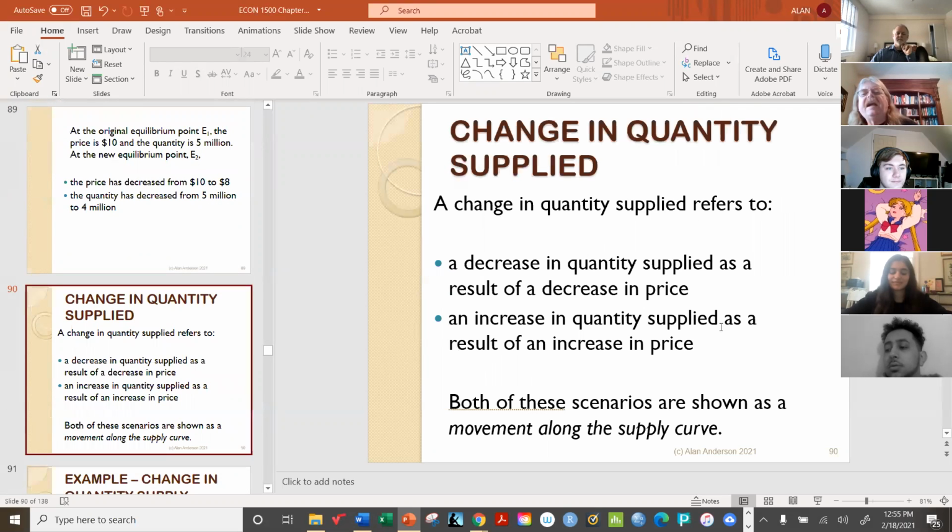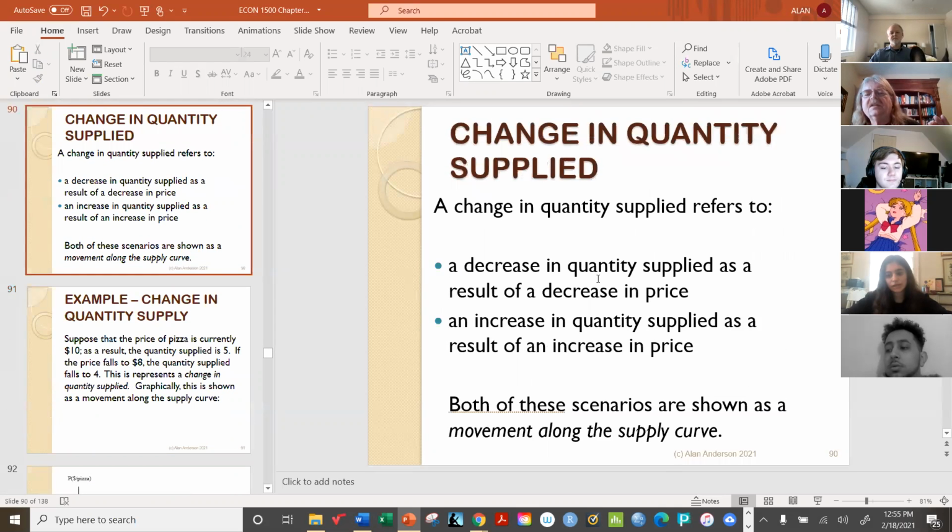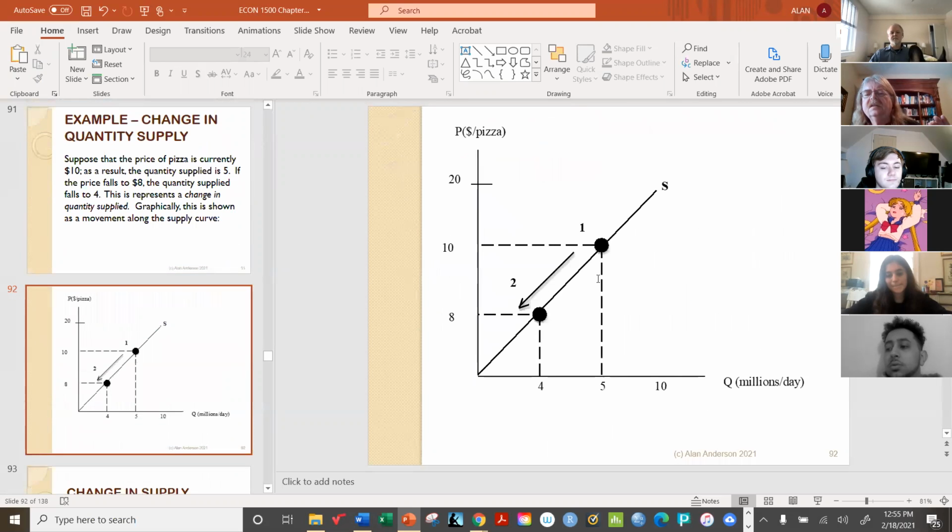Oh, no, before we do that, we have to make the same distinction here. A change in quantity supplied means there's a change in the price only, just like the quantity demanded. Okay, so let's see. Do I have a picture of that? Yes.